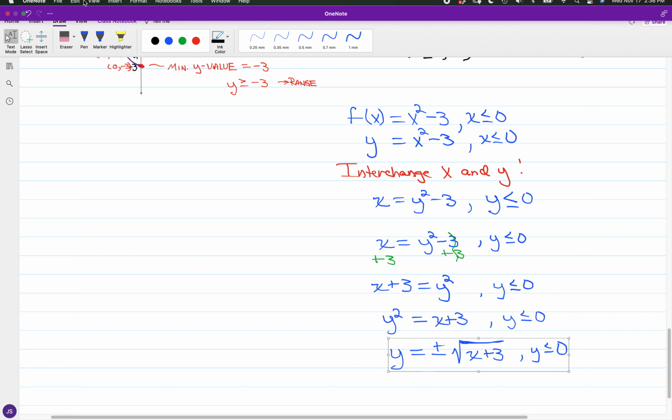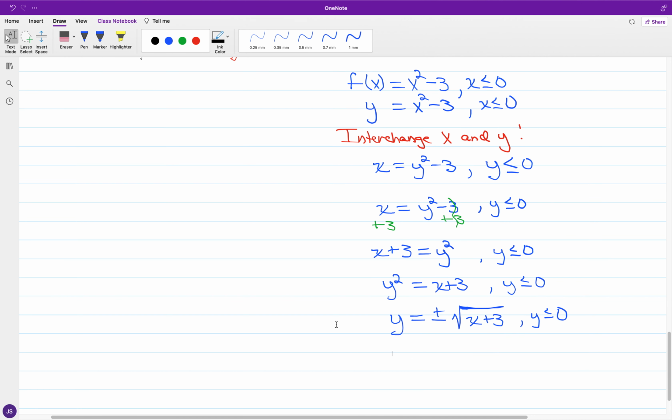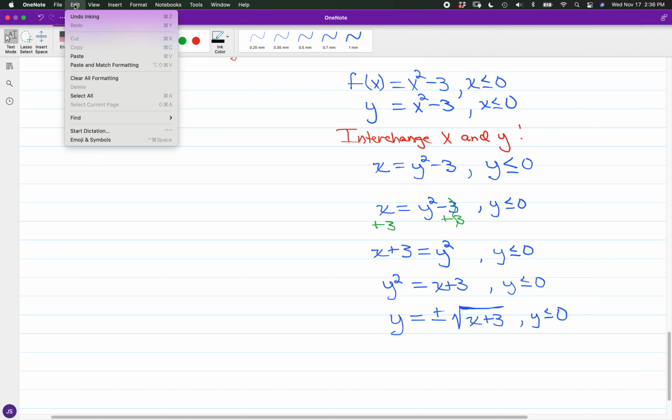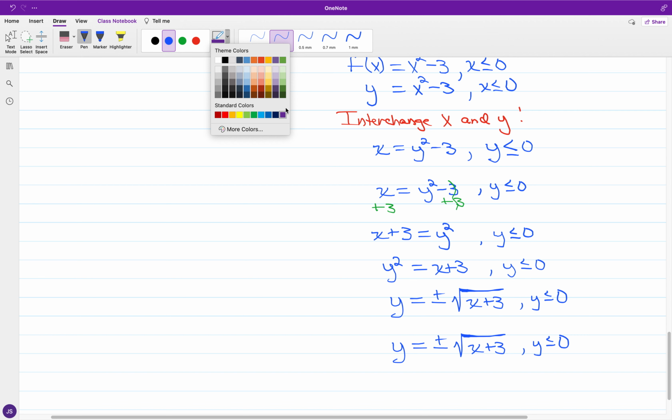Okay. So we've got plus or minus. Now there's going to be a tiebreaker. And what I mean by this is that it cannot be both positive and negative. It's going to be one or the other. And the clue to this is that we've got the y is equal to 0 part if x is equal to negative 3.